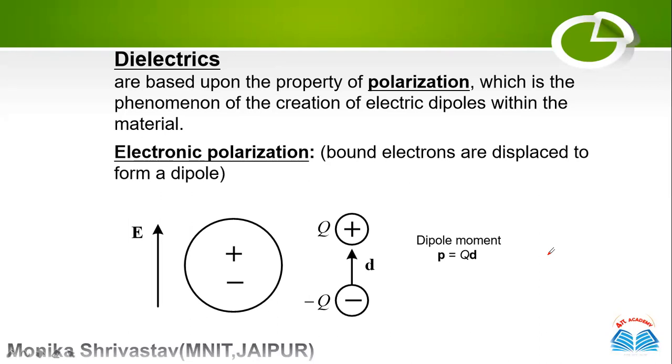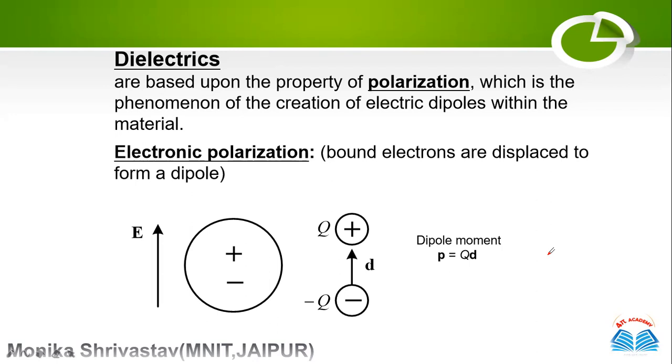In property, they are insulators. So basically, dielectrics are based upon the property of polarization, which means some electric dipoles are created within the material when polarization takes place, whatever the material it is.